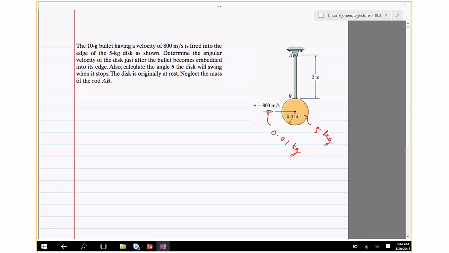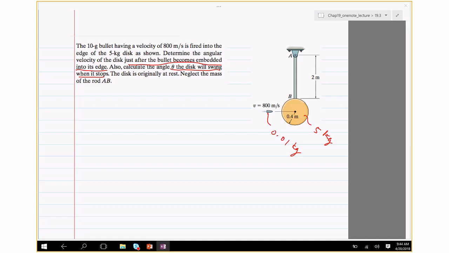Determine the angular velocity of the disc just after the bullet gets embedded into its edge. Also calculate the angle theta the disc will swing when it stops. The disc is originally at rest. Neglect the mass of the rod AB.